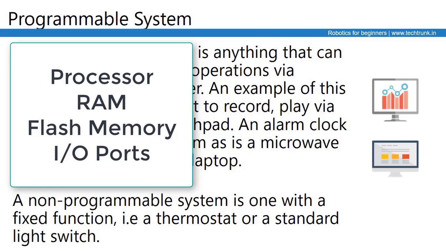So the basic necessary things for designing a programmable system are a processor, RAM, flash memory, input-output ports, and a power supply as well.